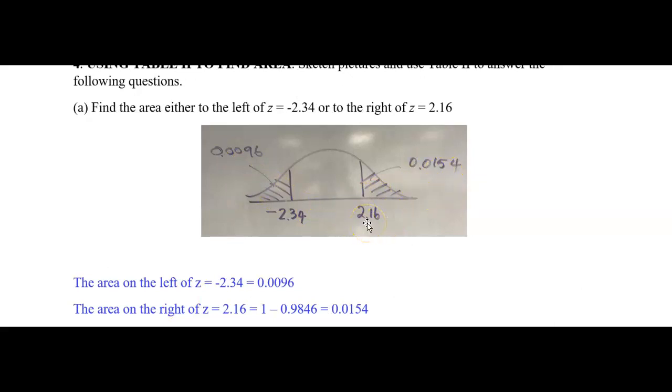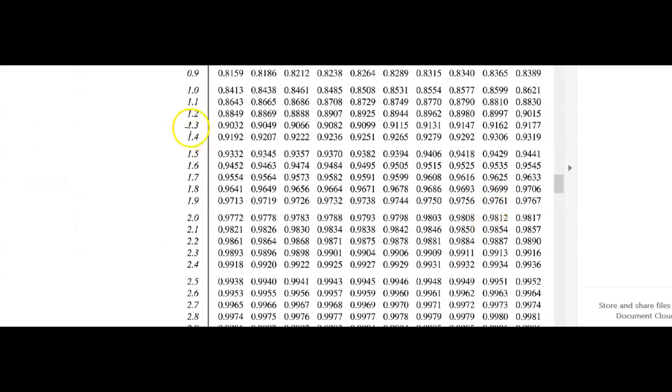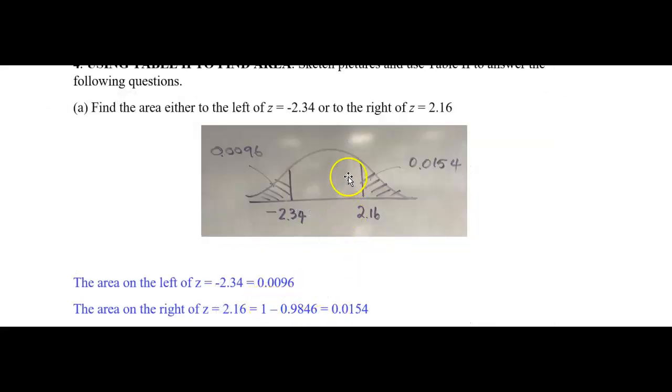First, we find 2.16, 2.1, 0, 1, 2, 3, 4, 5: 0.9846, right? But remember, 9846 is the area to the left side. We want this area here, so we minus it from 1.